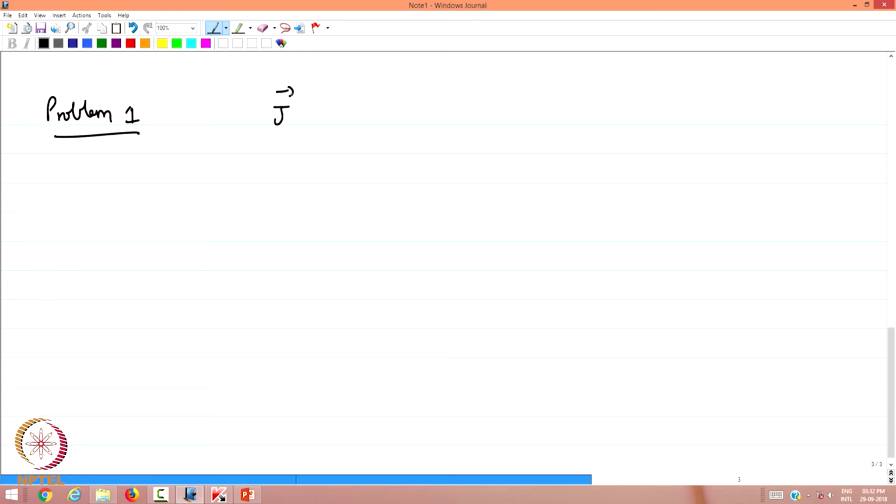J represented as a vector in the Cartesian coordinate system with components Jx, Jy and Jz. Now, you represent this using spherical polar coordinates, which require the transformation to be used.